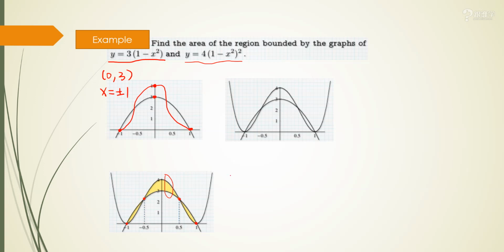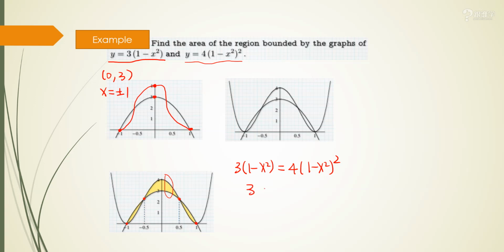Then how do we determine the points of intersection? For these 2 points, again we have to set the 2 equations equal to each other. It's 3 times (1 minus x squared), which is going to be equal to 4 times (1 minus x squared) squared. Since we are looking for points of intersection other than plus and minus 1, we might divide both sides by 1 minus x squared.